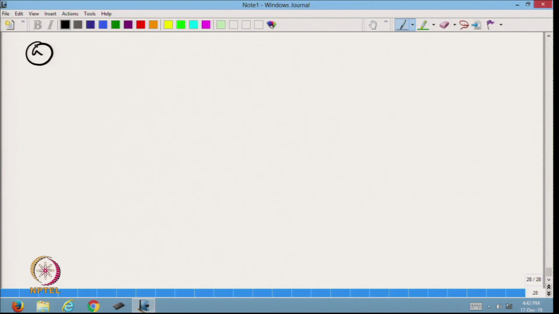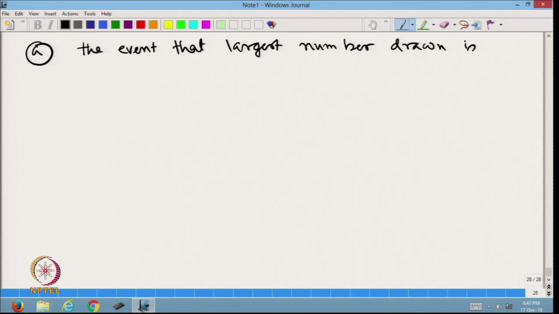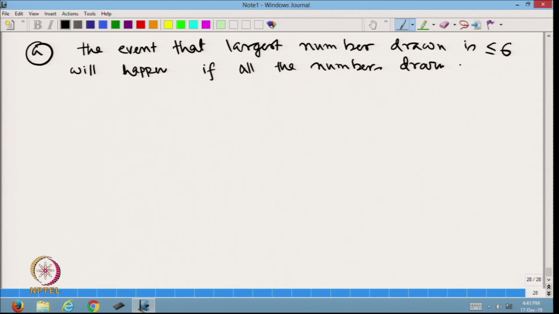A, the event that the largest number drawn is less than equal to 6, will happen if all the numbers drawn are less than equal to 6.